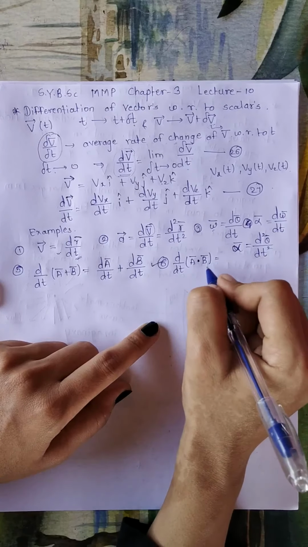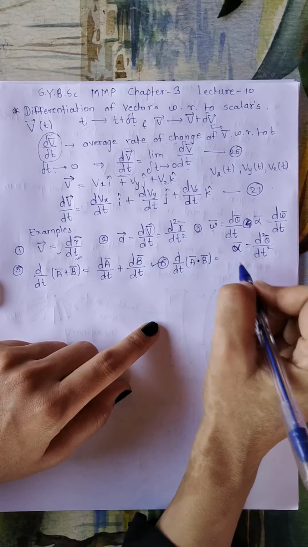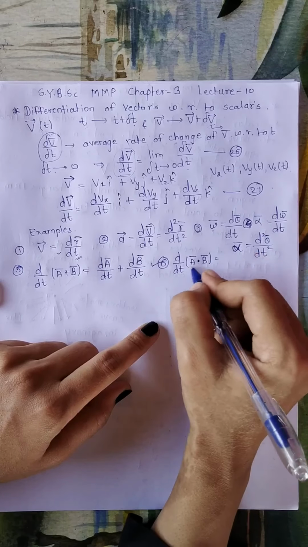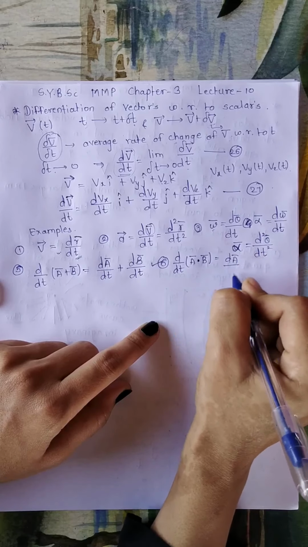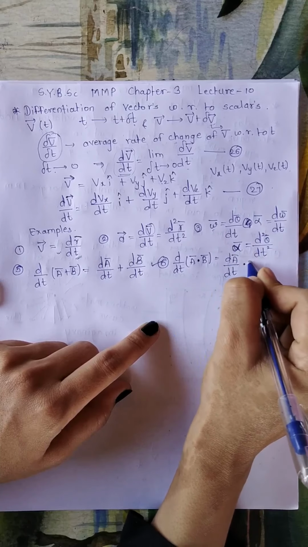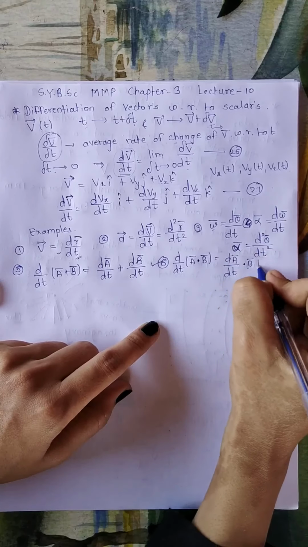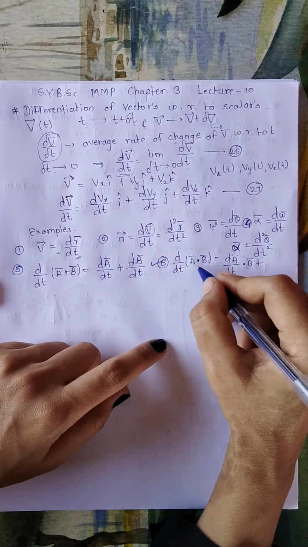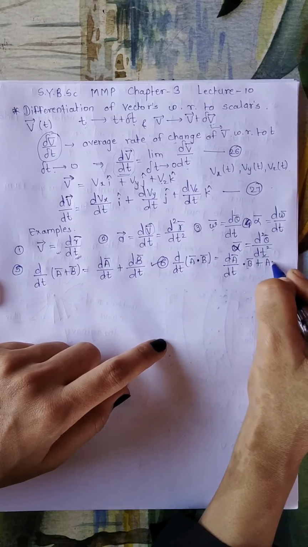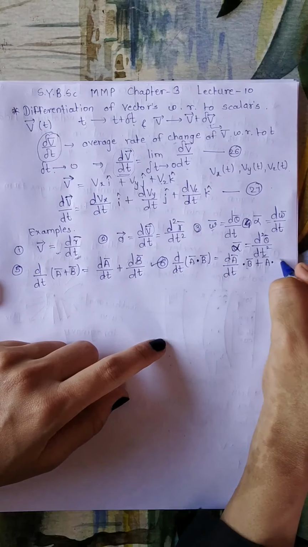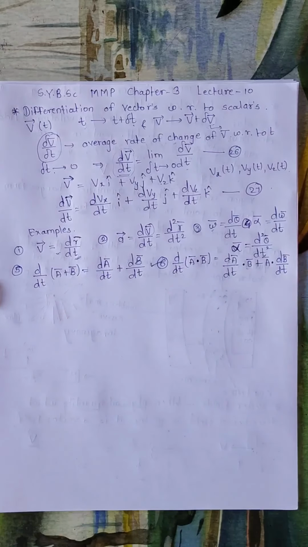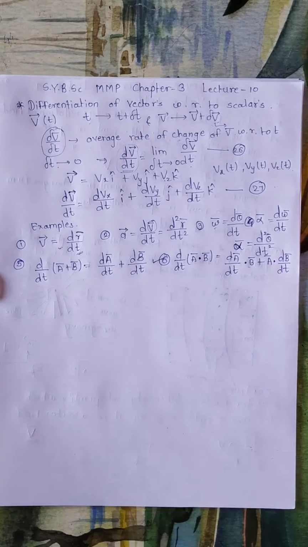So instead of normal multiplication we will have a dot in that place. According to the UV rule, we take the derivative of the first, which is dotted with the second quantity kept constant, and this is added to the derivative where we keep the first quantity constant and take the derivative of the second, that is db bar upon dt. This is the way in which we can find the derivative of a dot product.